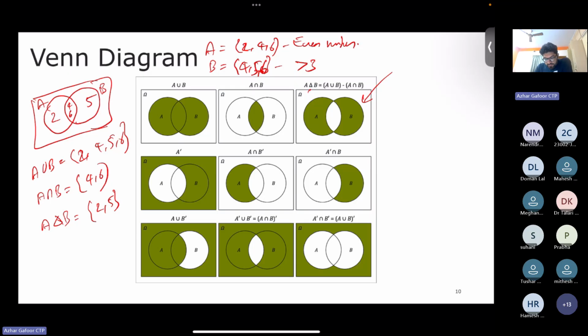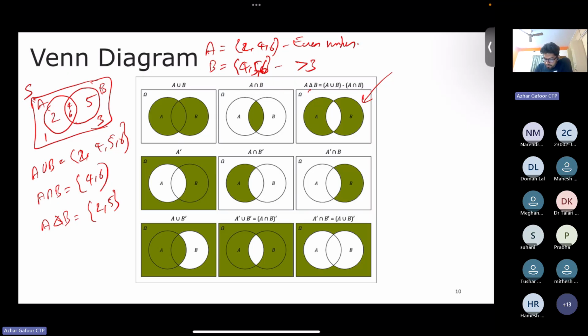Then A complement. So we also have other elements, right? Like we have 1 and 3. So this entire block represents the sample space, the rectangle. Then we have different events inside that.